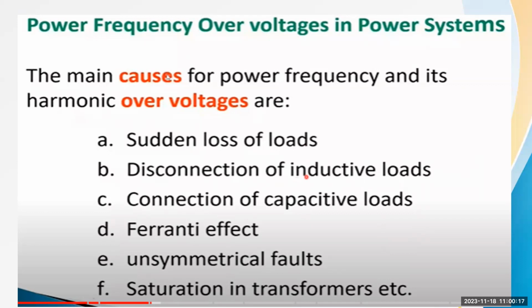Other causes are disconnection of inductive loads such as induction motors and agriculture loads, which are inductive loads only, and connection of capacitive loads. There is also the Ferranti effect, unsymmetrical faults, saturation in transformers, etc. These are the different causes of overvoltages, harmonic overvoltages and power frequency overvoltages in the power system.